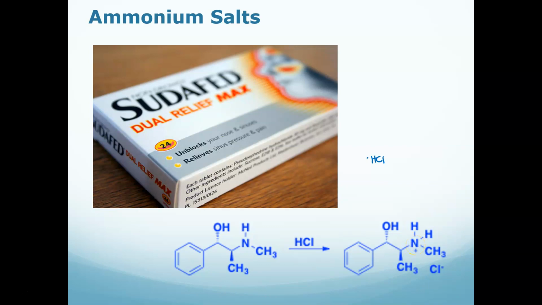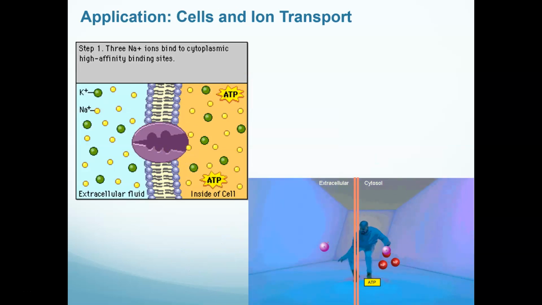So we can have some ion dipole interactions. And if we think about what our bodies are mostly made up of, it's going to be water. So these tend to be more soluble. A lot of times this starting compound will be a viscous liquid, and this will be a solid. So the shelf life is a lot better as well. So there are a few different reasons why a lot of times you see that HCl salt.